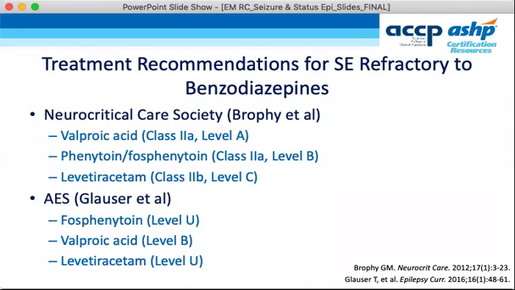If we look at the Neurocritical Care Society, they have valproic acid as a class 2A, level A recommendation. Phenytoin or fosphenytoin, slightly lower, and then levetiracetam as class 2B or a level C recommendation. The American Epilepsy Society has fosphenytoin and levetiracetam recommended as a U and valproic acid as a B. They don't specifically recommend phenytoin, they just include fosphenytoin.